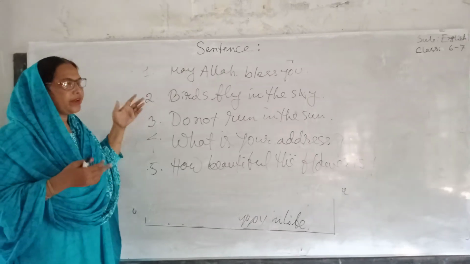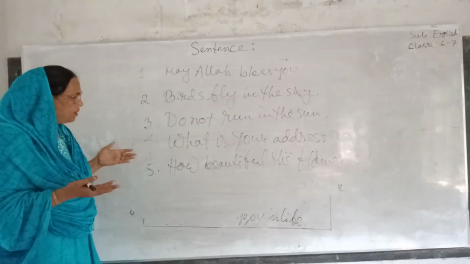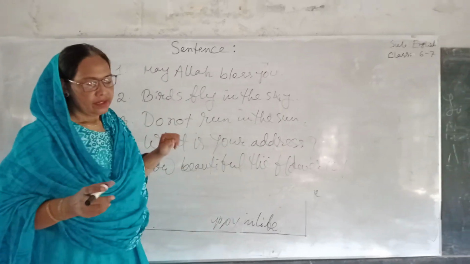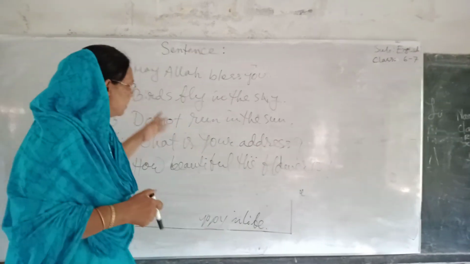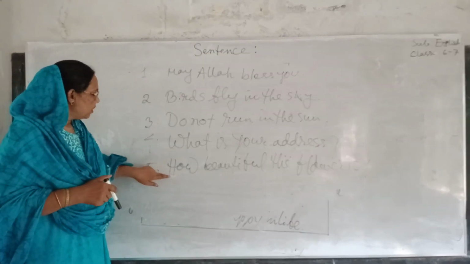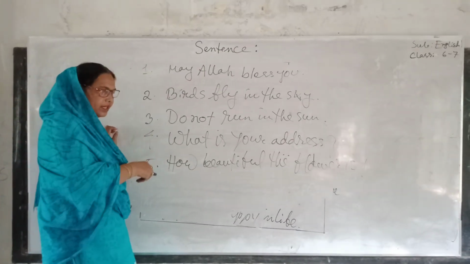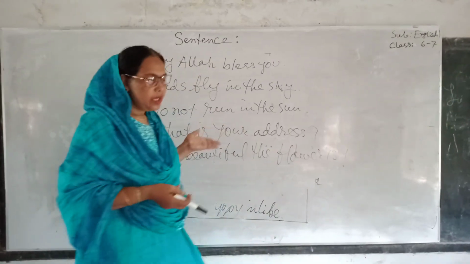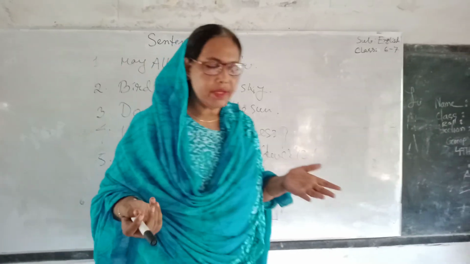Is it assertive or interrogative or exclamatory, and what kind of sentence? Okay, dear student, you write which kind of sentence each one is. Is it assertive or interrogative? What sentence is assertive? What is interrogative? What is imperative? And so on. Okay, dear student.